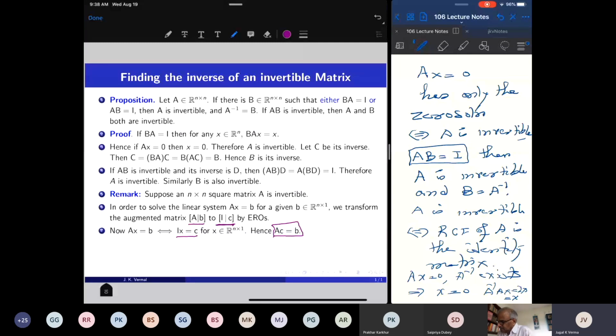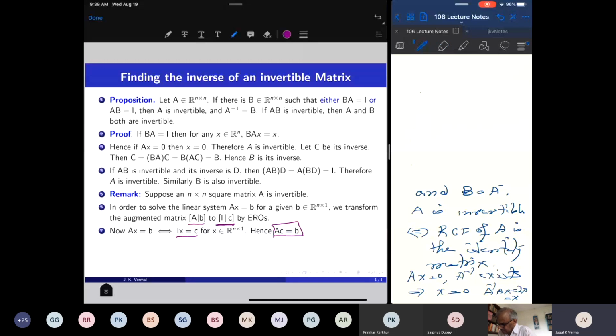Why do we need to do this? Because if A is invertible, then we look at Ax equal to B, multiply by A inverse, and that gives me Ix equal to A inverse B, and therefore x equal to A inverse B. But the problem is we have not found A inverse.